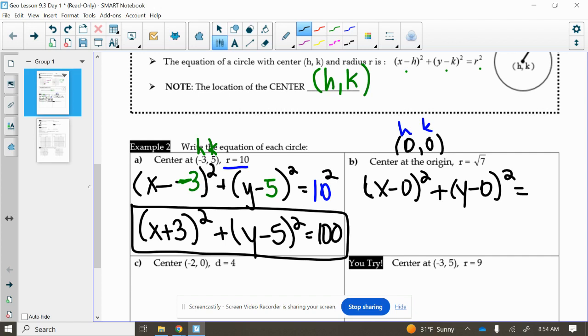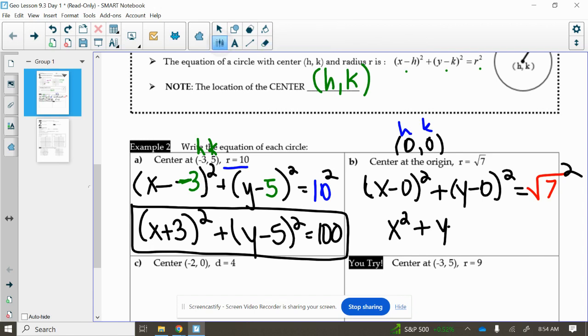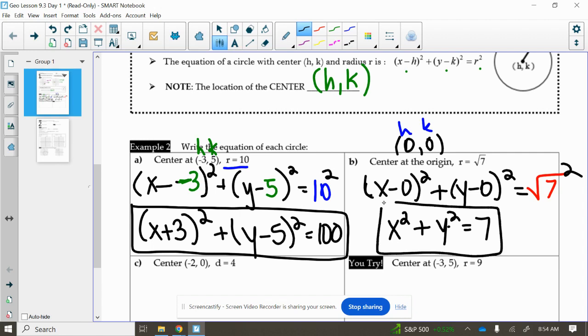And this time it's going to equal our radius value, which is the square root of 7 squared. It's r squared. So x minus 0 we can just write as x squared. Y minus 0 we can just write as y squared. And then the square root of 7 squared is actually just 7.